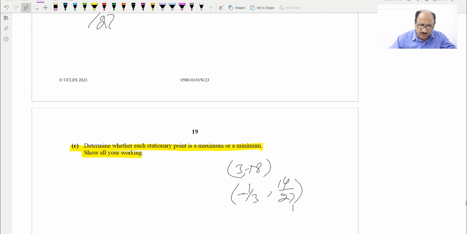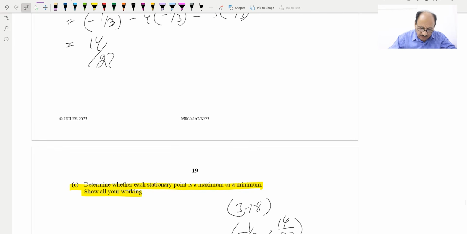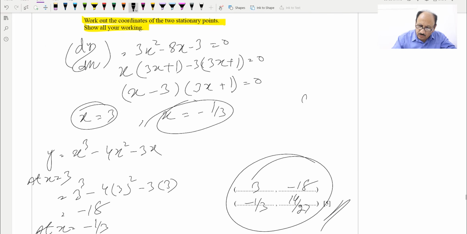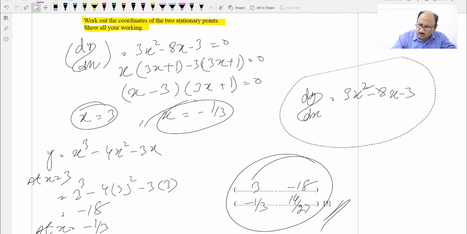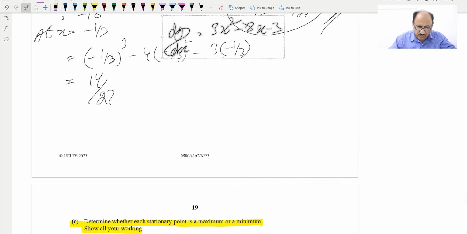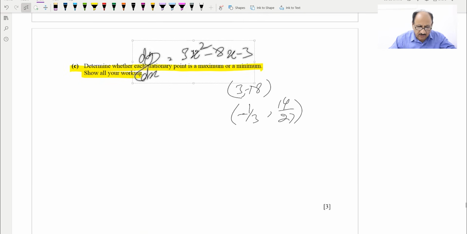So these are the two points we will take, and we will write dy/dx = 3x² − 8x − 3. This is what we call the first order derivative.